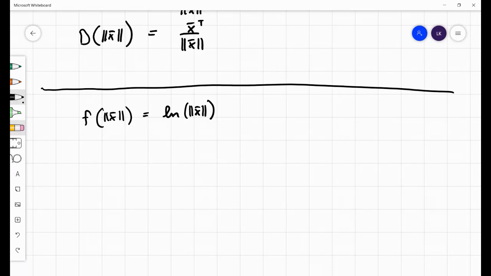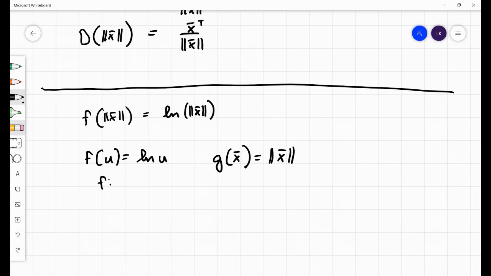All right, so you can think of this as a composition, can't you, right? So you think of f of u being natural log of u. And then g of x is the magnitude of x, right?